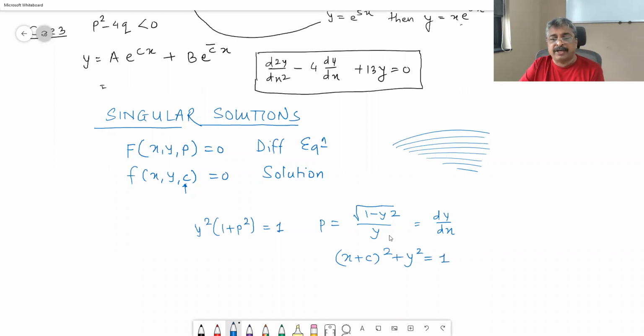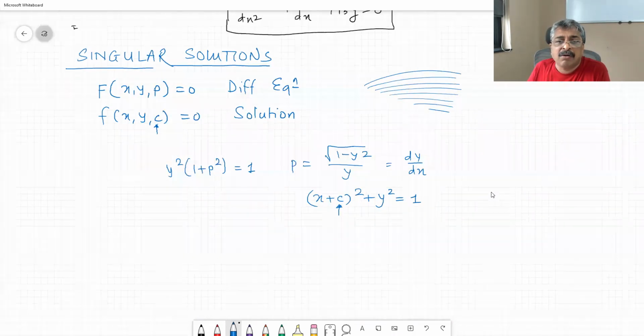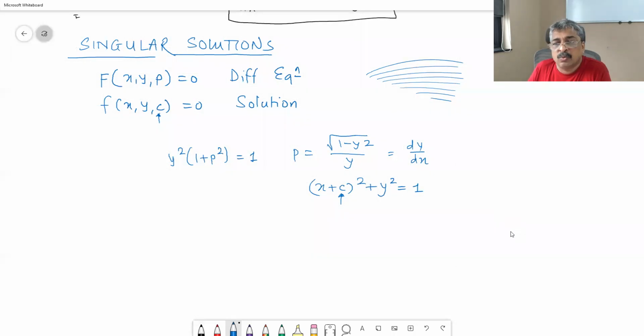You may cross check very quickly whether you get the same answer or not, but you will end up getting this answer, and this c is our arbitrary constant. We know for sure that these are circles, all of them of radius 1, and maybe I will try to draw them.